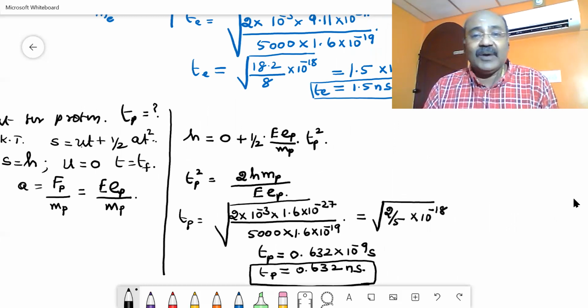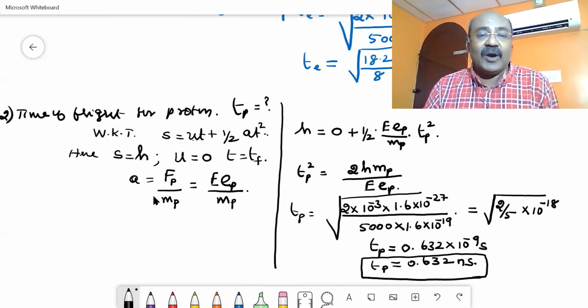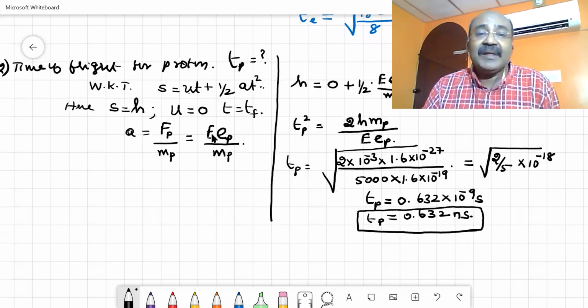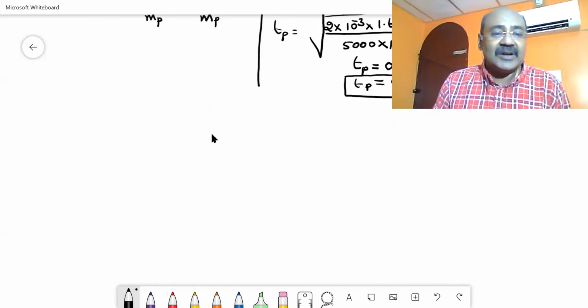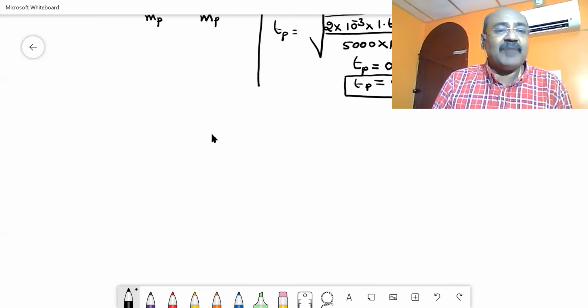Then the third one, what is the time of flight for the neutron? So the third concept, let us consider time of flight for neutron.